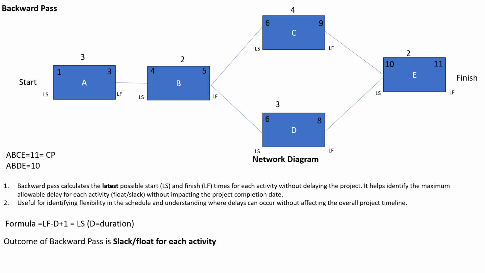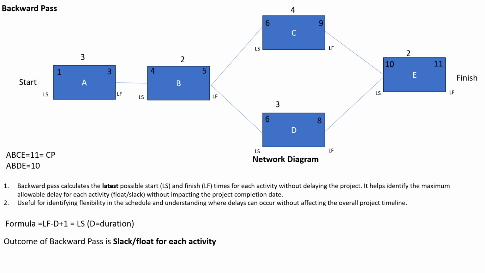We have seen that the forward pass starts from the beginning of the project and moves forward through the network diagram, from the initial activity to the final one. But the backward pass starts from the end of the project and moves backward through the network diagram, from the final activity to the initial one.